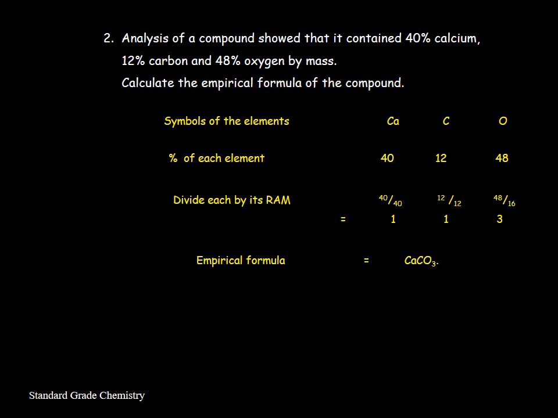However, in this case there is no point because dividing by 1 simply does not change anything. If you divide 1 by 1, it's still 1. If you divide 3 by 1, it's still 3. So what we know is that there must be 1 atom of calcium, 1 atom of carbon, 3 atoms of oxygen. So we got CaCO3.